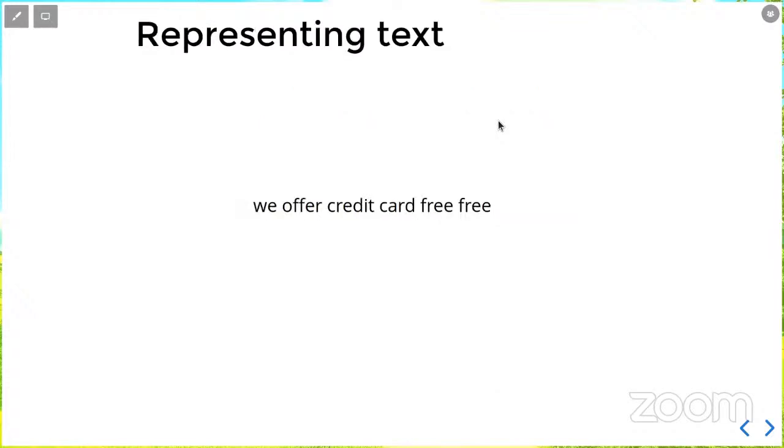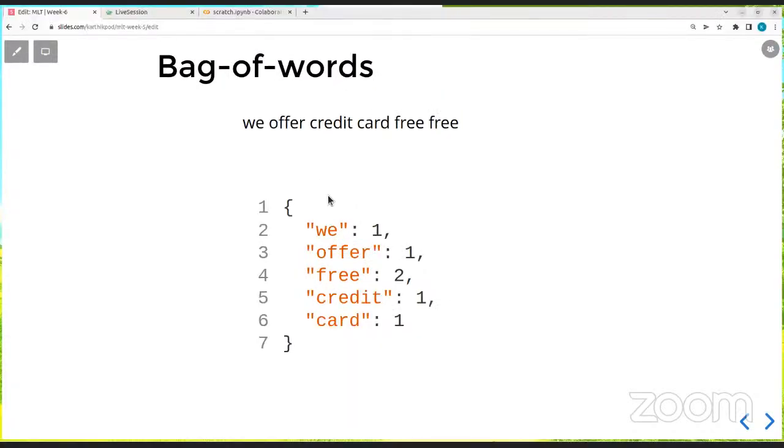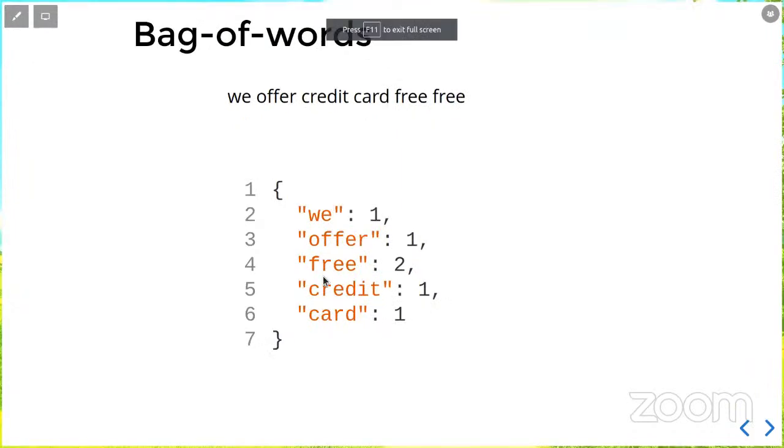One of the ways is called the bag of words approach. Let's say we have a message like this. We extract the frequencies of the words, ignoring the order or sequence in which they occur. In this message, all these words occur once, and the word free alone occurs twice. So the order is thrown out, but the frequency is retained.